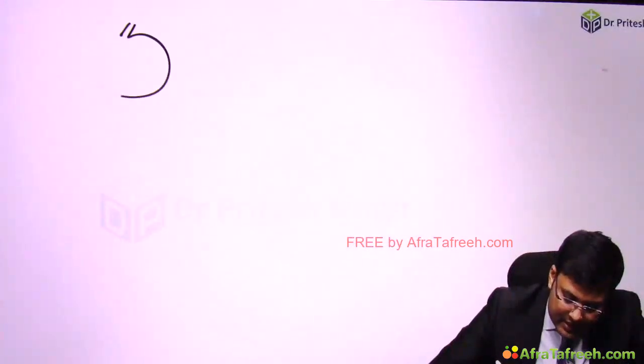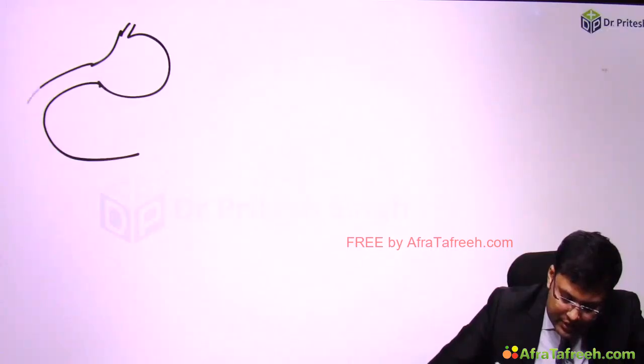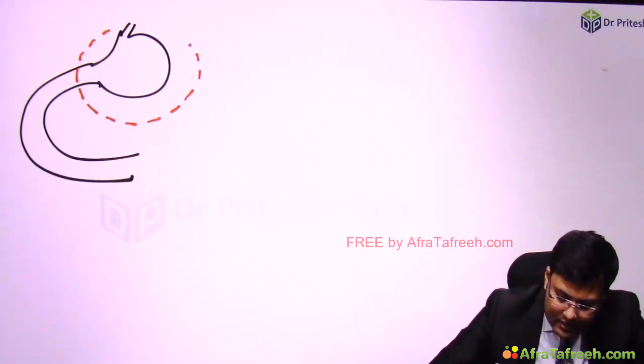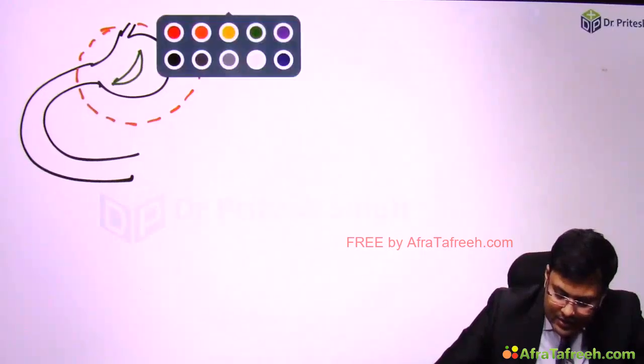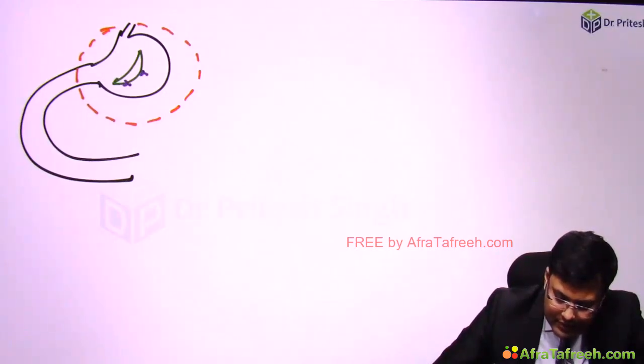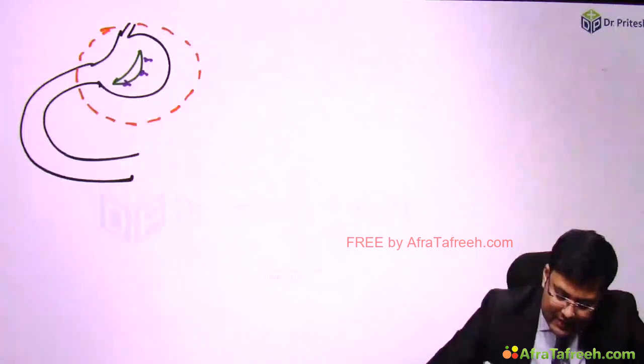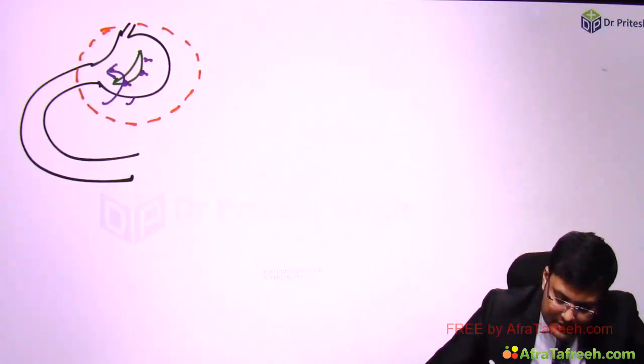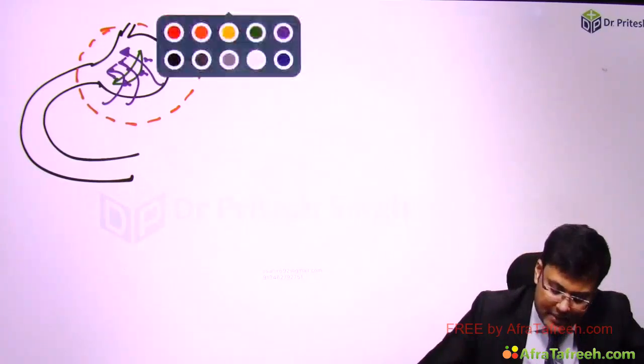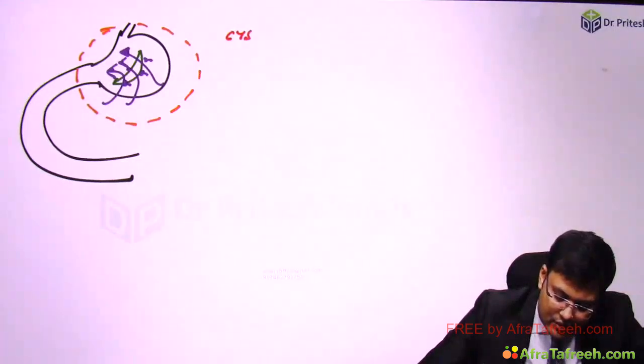This is the stomach, this is the duodenum, and here you can see this is the cyst. I'm going to perform cystogastrostomy, communication between the cyst and the stomach, and after that the cyst contents start going into the stomach. So this is cystogastrostomy.